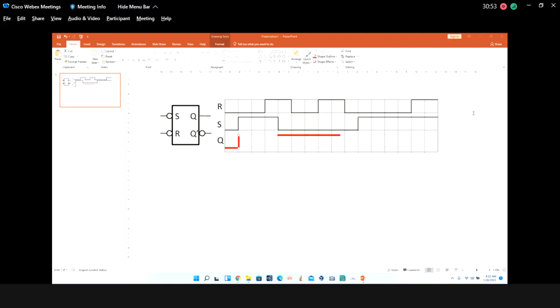Just draw the output in your own PowerPoint, and then maybe someone can share. Have you taken a screenshot?